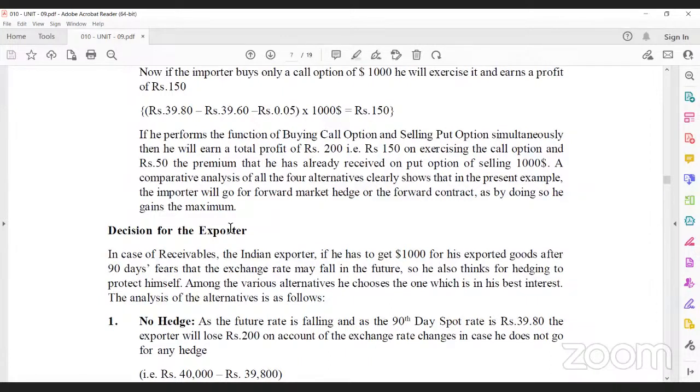This is from the perspective of an importer that we have discussed. Now let's see from the perspective of an exporter. For an exporter, it becomes receivables, whereas for an importer, it is payable, right?